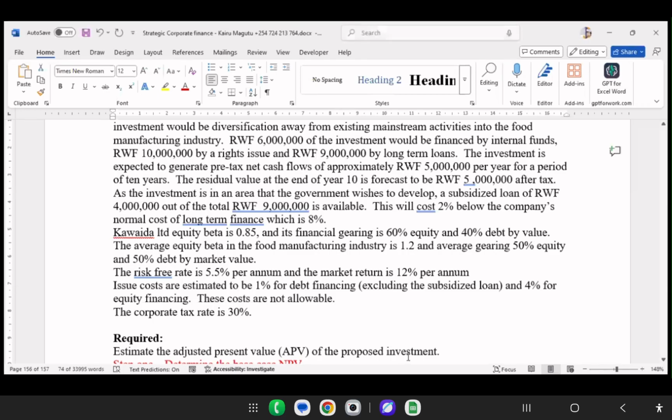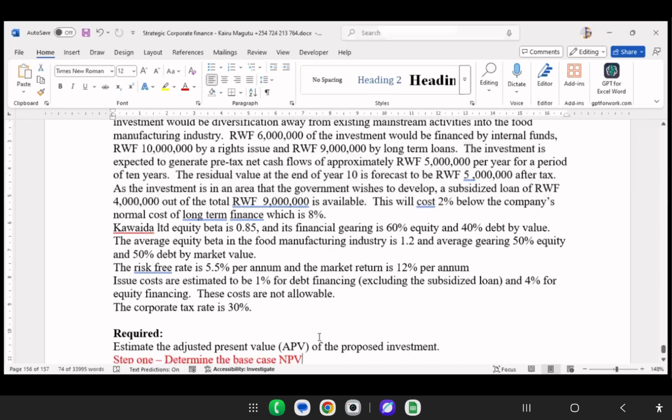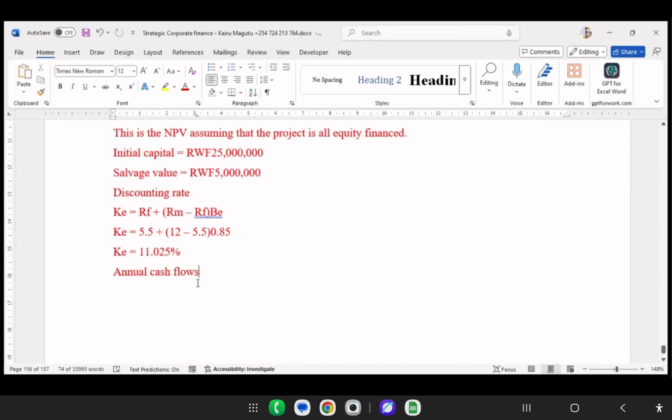So for us to go about that, let's go down here. Annual cash flow, we say that we have the earnings before depreciation and taxes. This is equal to 5 million less depreciation. The depreciation of this project, we are told that they are investing 25 million, but they have a salvage value.